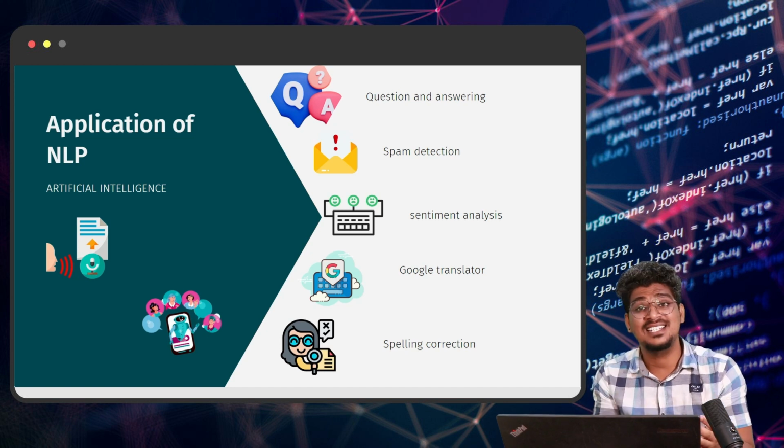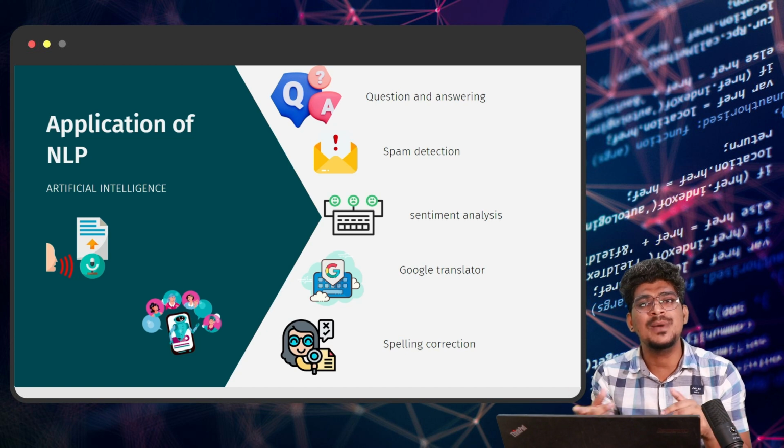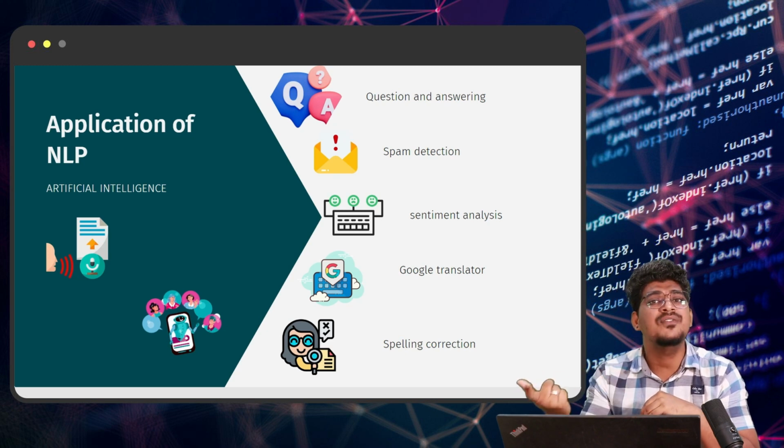That's why I'm saying NLP is a technique that helps us communicate with the machine. Human to human interaction is a natural thing. What about human to computer interaction? The computer should understand human language. How is that possible?